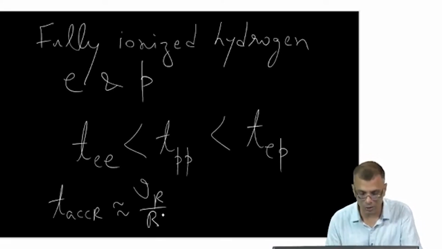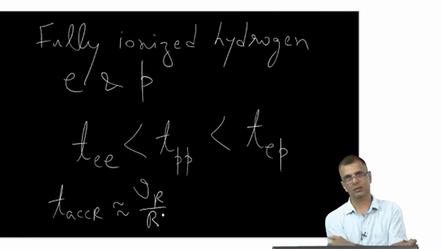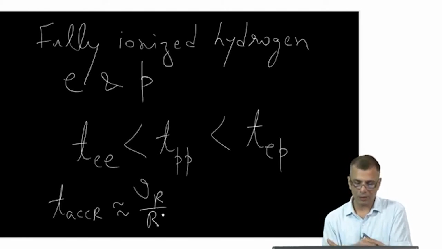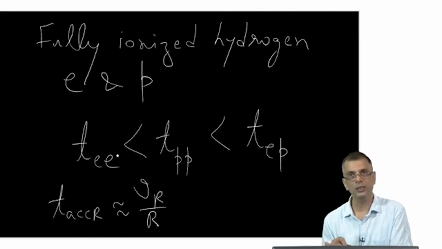This would be the time scale over which stuff accretes. Given this kind of time scale, there might be enough time for the electrons and electrons to equilibrate. In other words, the T accretion is larger than the TEE.